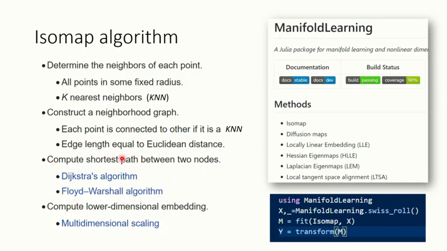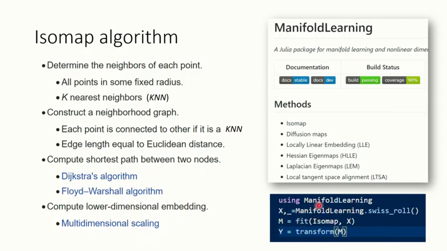Once you compute the shortest paths, the number of steps between all the nodes, you create this pairwise shortest path distance matrix, and then you give it to the multi-dimensional scaling algorithm. Then you get the results. In this corner, this is Julia, another computer language, very similar to MATLAB, so I use it for illustration.